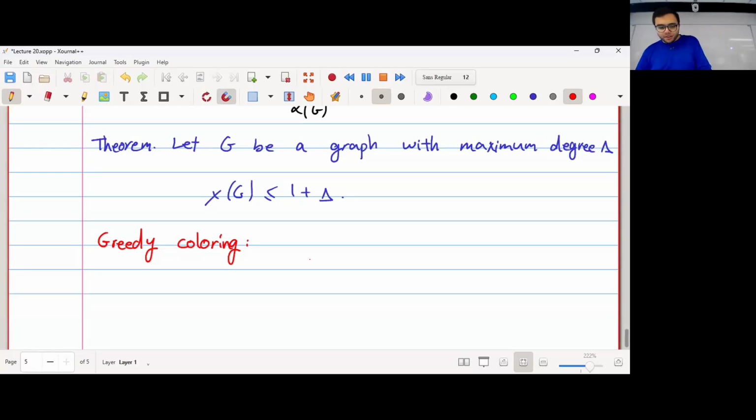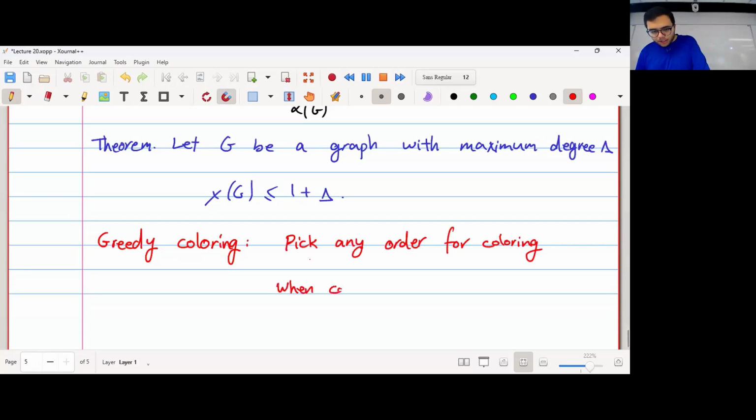Okay, so pick any order for coloring. So just take any permutation of the vertices.